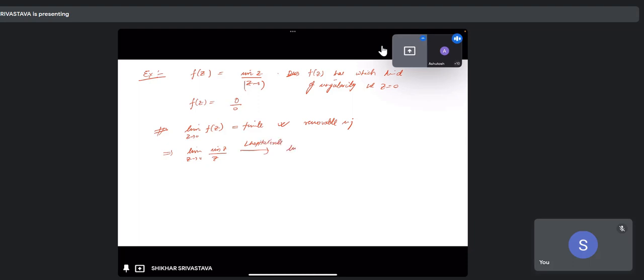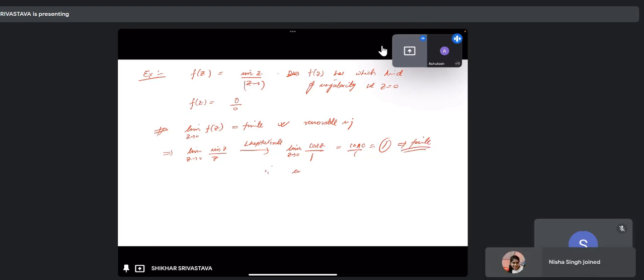You differentiate both numerator and denominator once, so it becomes cos z by 1. Now you put 0, so cos 0 by 1 is 1, which is a finite value. Therefore, your function sine z by z has a removable singularity at z is equal to 0.